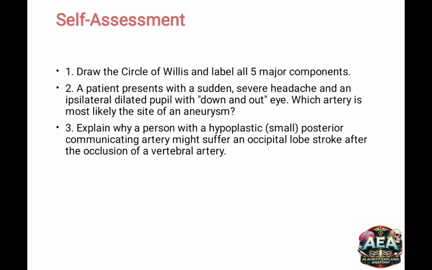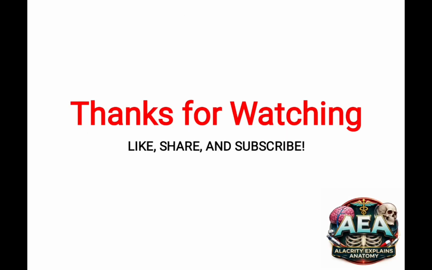Which artery is most likely the site of aneurysm? Third question, explain why a person with hypoplastic posterior communicating artery might suffer an occipital lobe stroke after the occlusion of a vertebral artery. That will be all for this video.